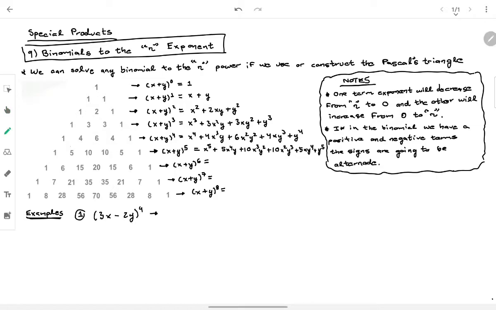So let's see some examples. The first example is going to be something like this, a binomial to the 4th power. So we know we need to use this specific structure.